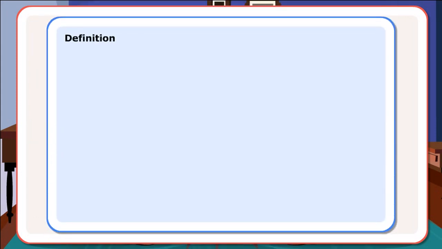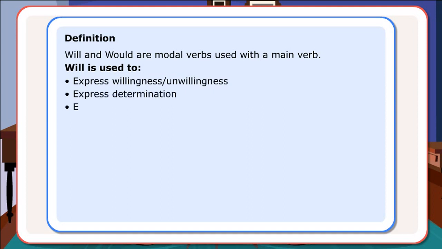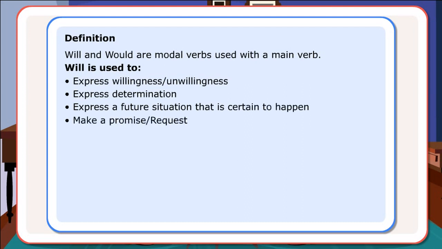Definition: will and would are modal verbs used with a main verb. Will is used to express willingness or unwillingness, express determination, express a future situation that is certain to happen, make a promise or request.